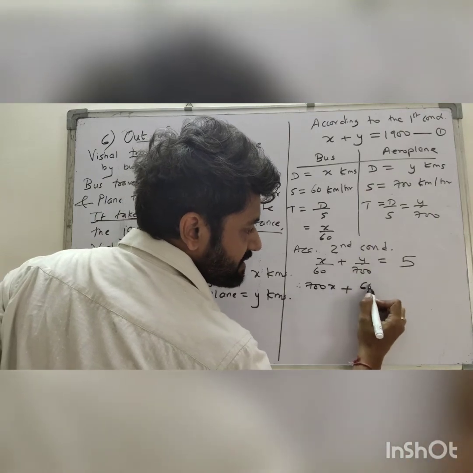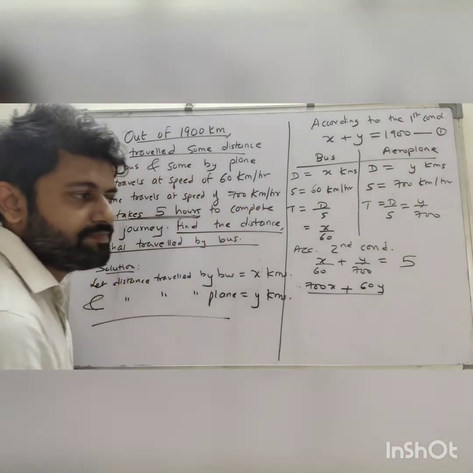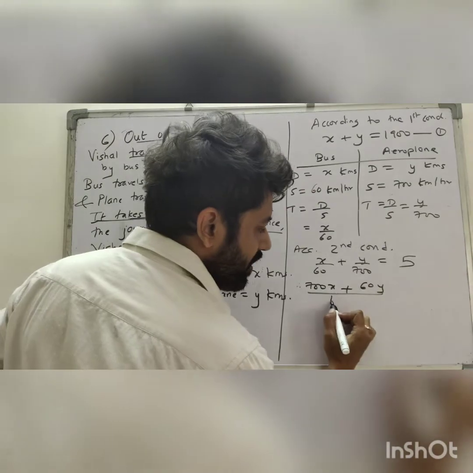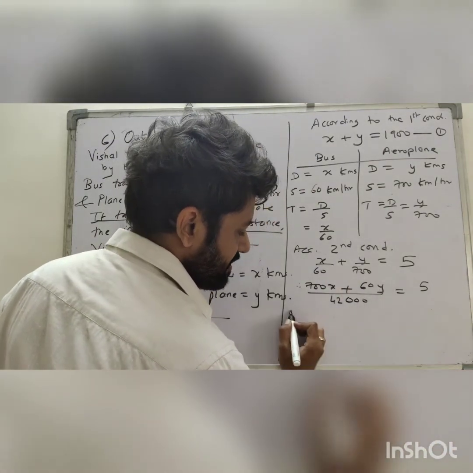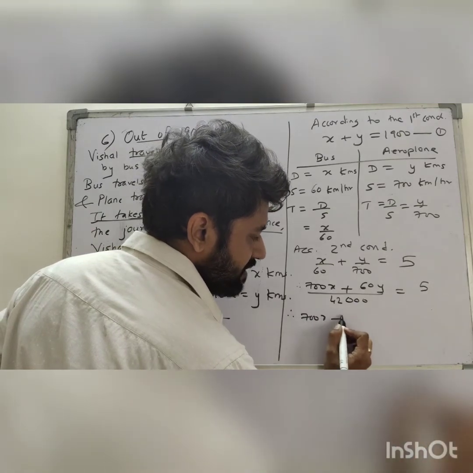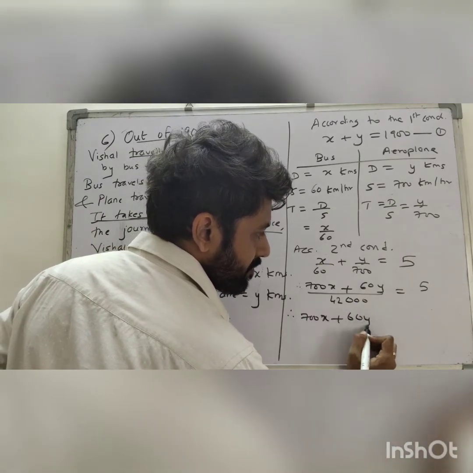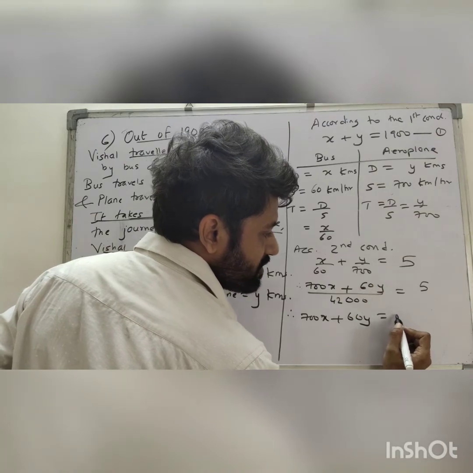700x plus 60y upon, 6 7s are 42 and I have 3 zeros, is equal to 5. 700x plus 60y is equal to 42,000 into 5.